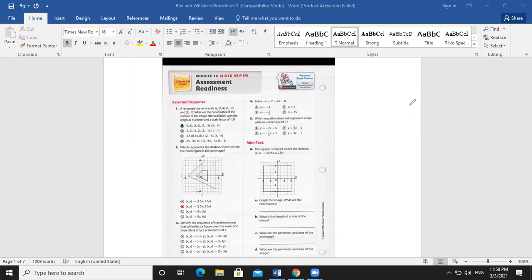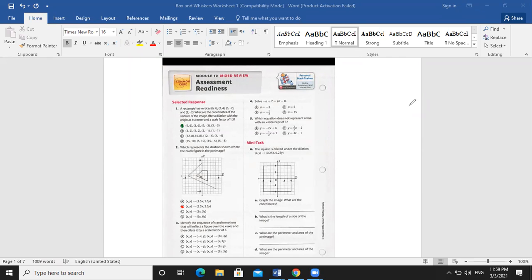We will make transformation. We will reflect first. Reflect on x-axis, which means when we reflect on x-axis, we change y. Yes, x and negative y. Then search for the answers. How many choices do you have with x and negative y? C and D. Thank you.